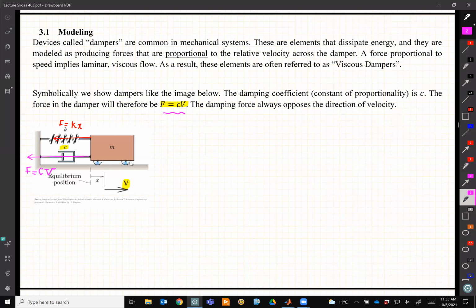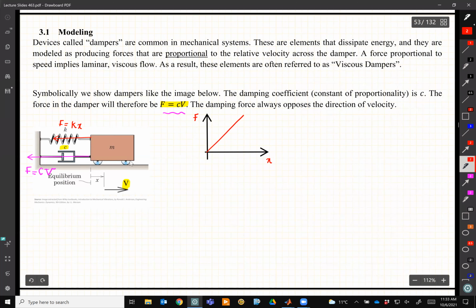So that's the modeling that we use for damping. Similar to the spring, if you recall, for a spring we did a little bit of linearization, and we said because it is vibration, motions are small, so we can approximate a spring as a linear force, Kx. The same with damping.